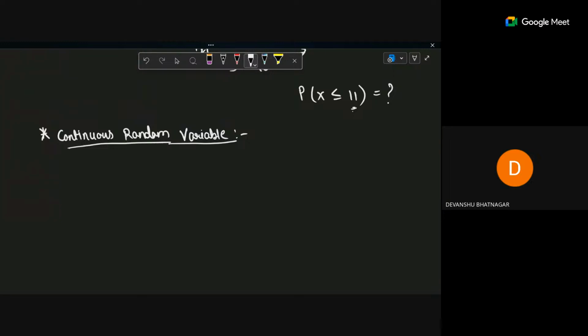We can define probabilities for x from 0 to 1, or 0 to 3, or 5, but we cannot define probability at a single point. Suppose x is equal to 1; there the probability is 0. But for a range, we can define the probability.